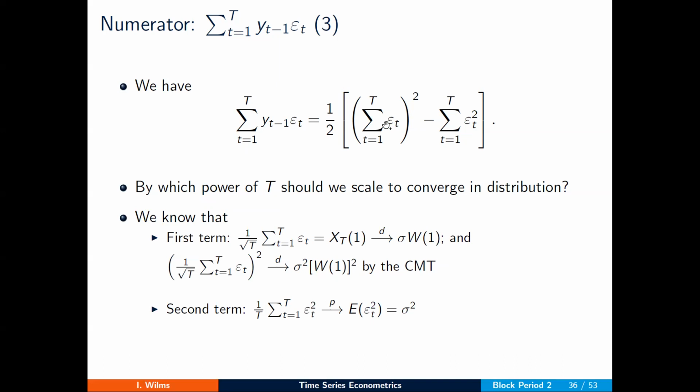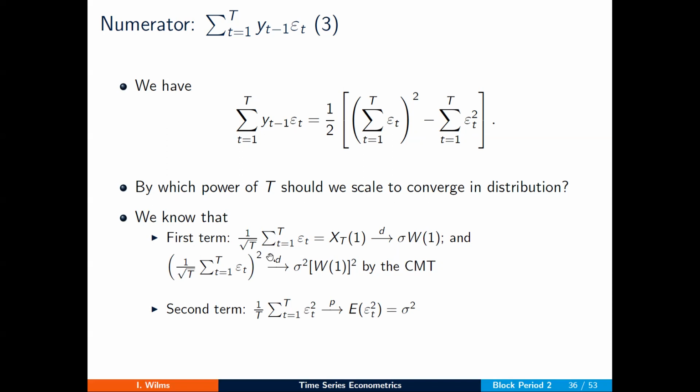What do we need for the first term? Well, we know that this is the partial sum for r equal to 1, which is nothing more than this guy over here that pops up in our numerator with a factor actually 1/√T in front of it.